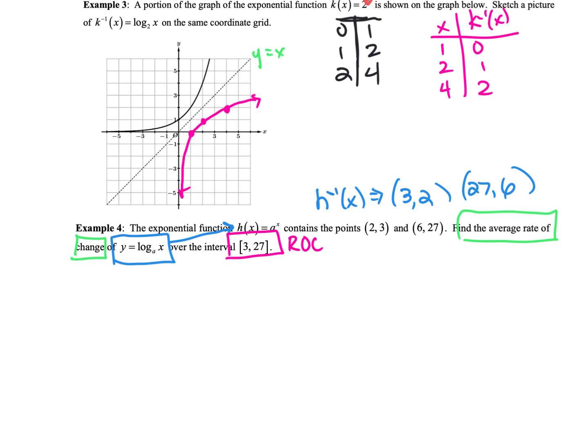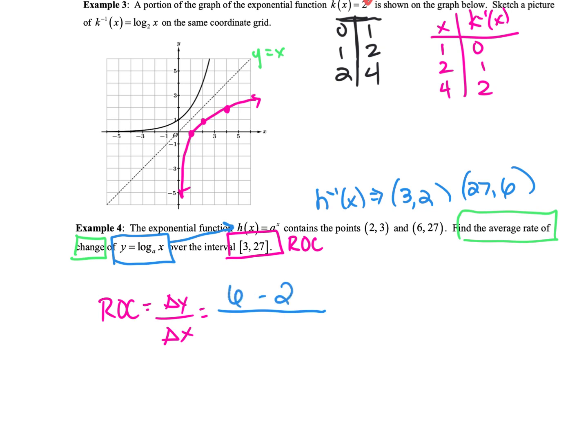Okay? How do we find rate of change? Well, it is change in our y's over change in our x's. All right? This time we want to do it for our inverse function. So if we look up there at those points, what are the y values for my inverse function? 6 and 2.